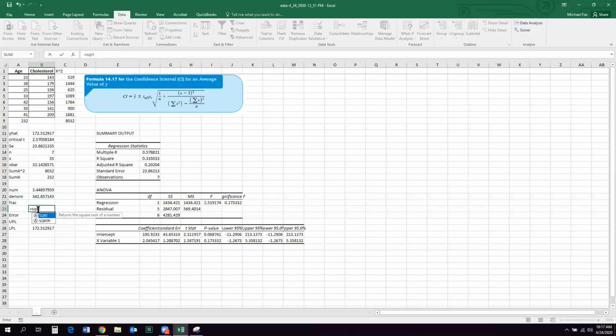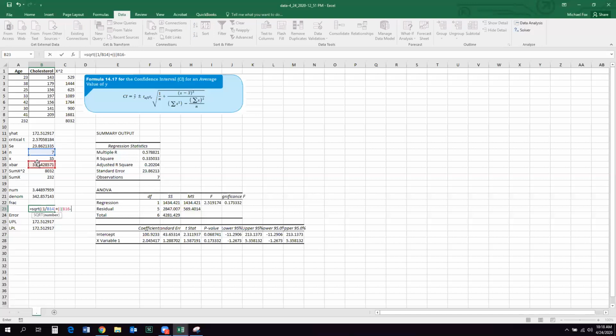Square root of 1 over n plus x... Whoops, I always type in x.